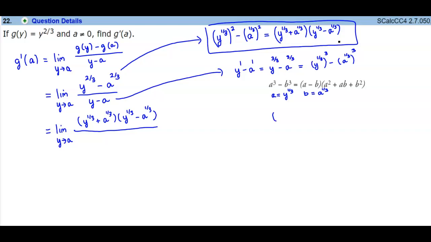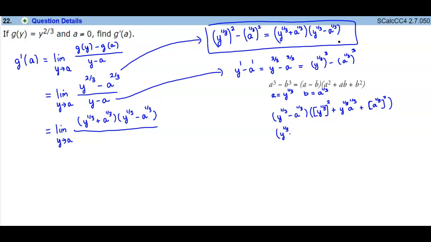So we have y to the 1/3 minus a to the 1/3 times y to the 1/3 squared plus y to the 1/3 times a to the 1/3 plus a to the 1/3 squared. Now let's go ahead and simplify that a little further.